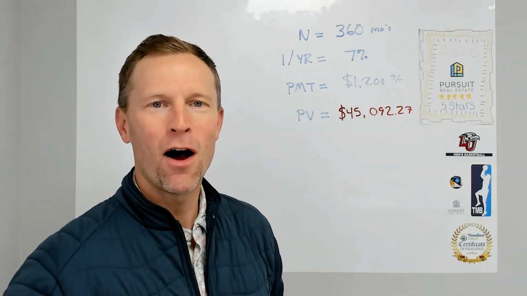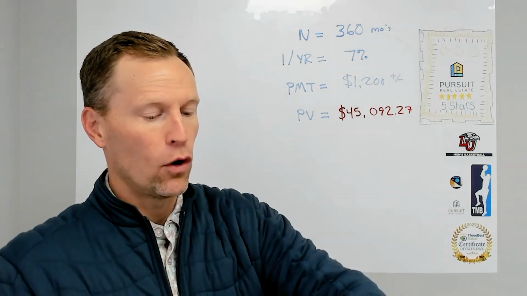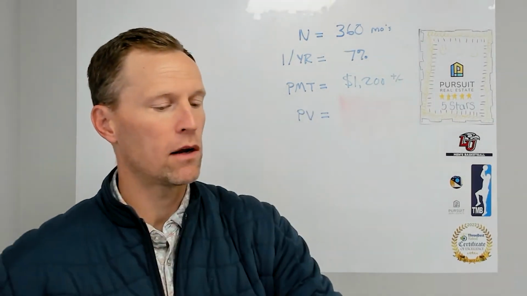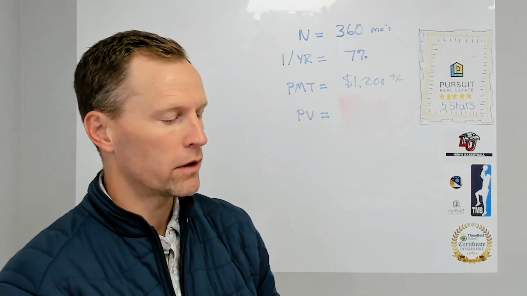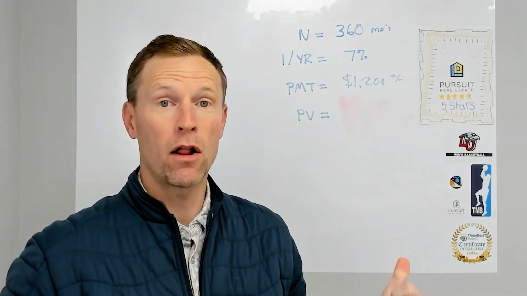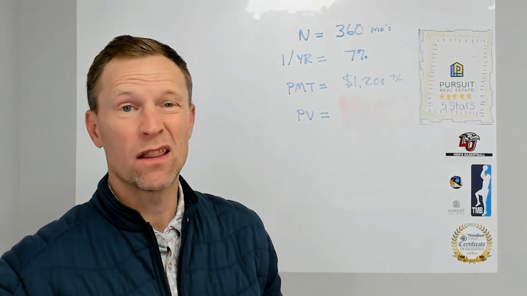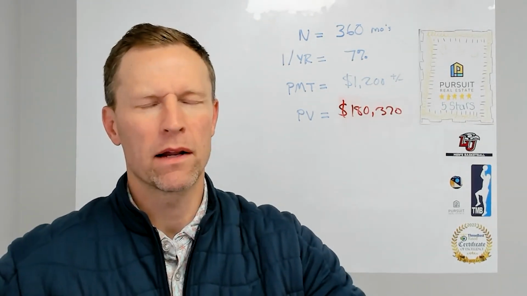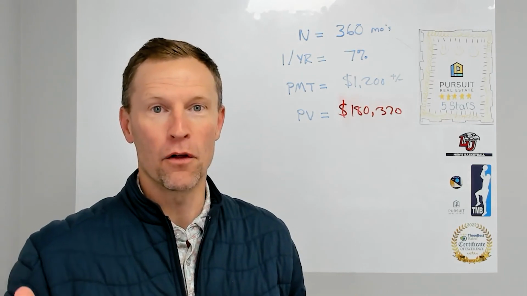Make sure to punch that on your financial calculator, otherwise the math isn't going to math. So again, condo on the ocean, single family detached across the street without a homeowners association at all. We plug those numbers into our fun little calculator, and the math now says that the $1,200 monthly condo payment will turn into $180,370 of borrowability. I'm making that word up, but of money that you could finance to buy the other property.